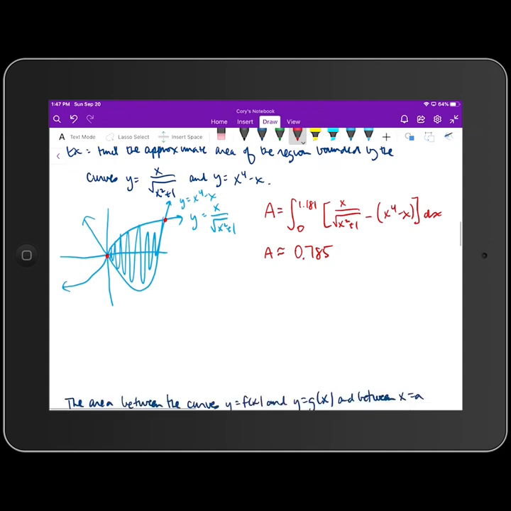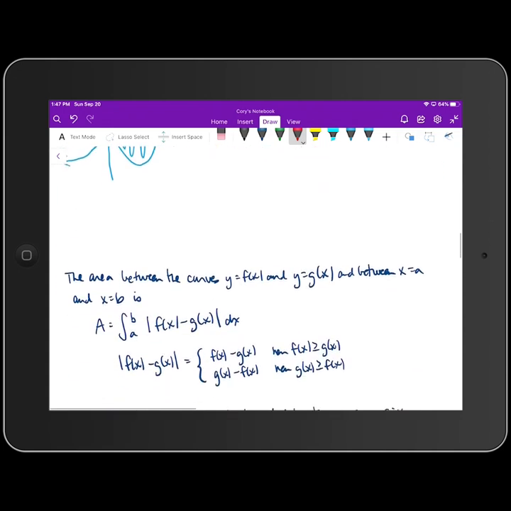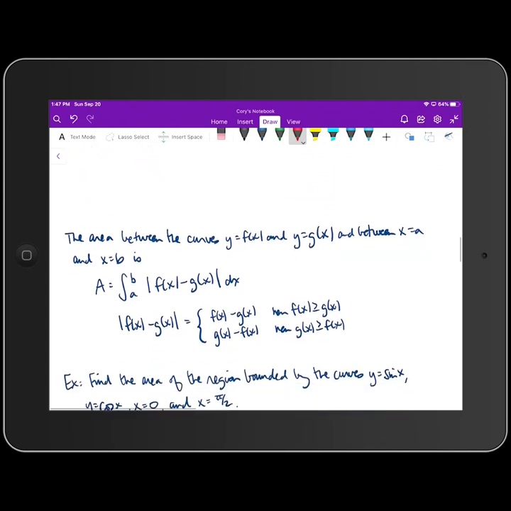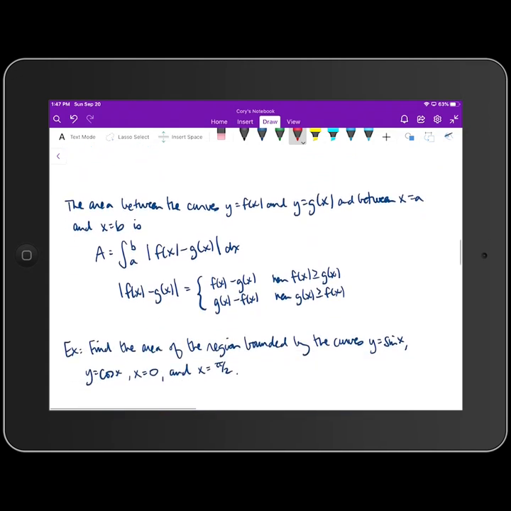Okay, so let's move on to the next thing we want to talk about. We want to come up with a more generalized rule for finding area between two curves. Okay, so when we started the lesson, we found area between two curves where one function was always bigger than the other.